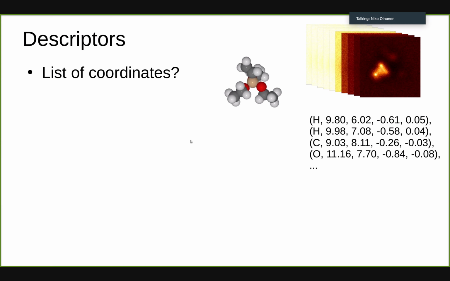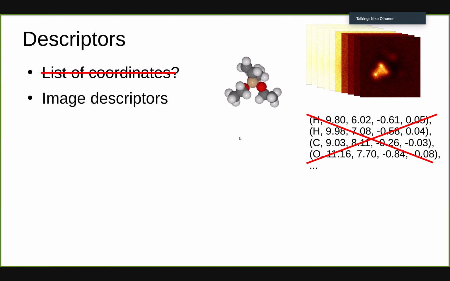So it might be very difficult for the model to learn this kind of correlations. And another problem is that every molecule could have a different number of atoms in it, so that you would have a target of varying size, which is also difficult. So this is not a good way to go, or not an easy way, at least.